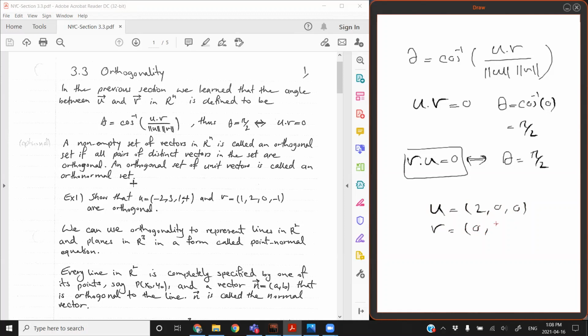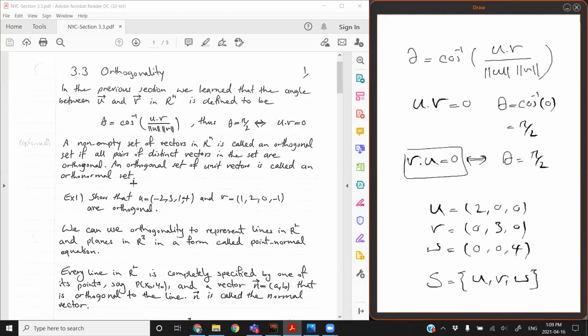V is 0, 3, 0. And W is 0, 0, 4. If I put U, V, and W in one set, I'm going to call that set S. Since each two of these three vectors are orthogonal to each other, that would be an orthogonal set.